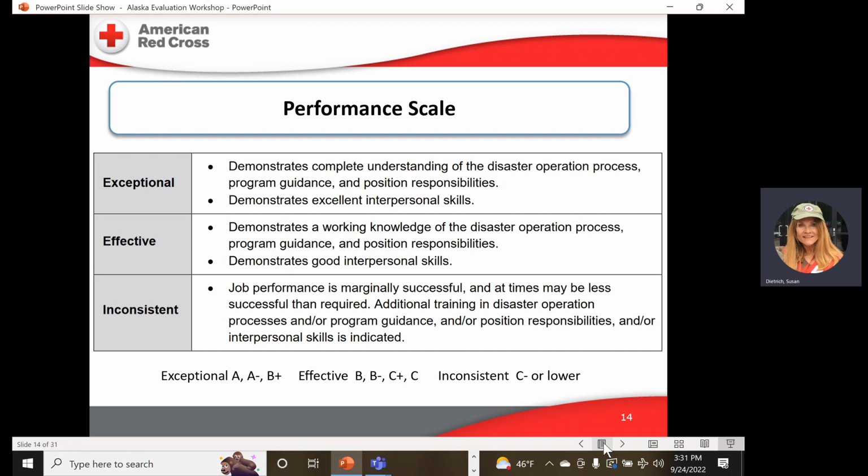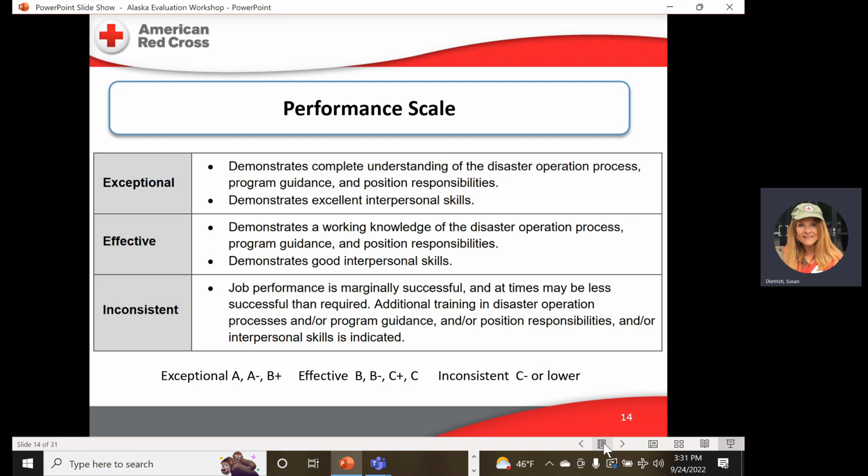They may demonstrate just a working knowledge of the DRO or the program, and just kind of a general understanding of their position and what their responsibilities are. And their interpersonal skills aren't great. They are good. They're reasonable. That's somebody who is effective.